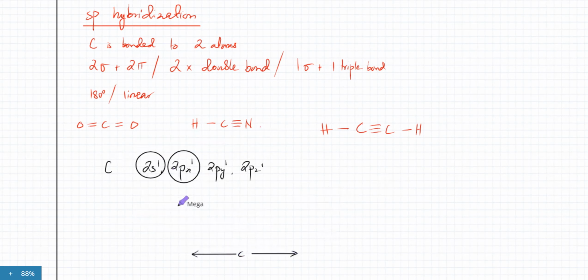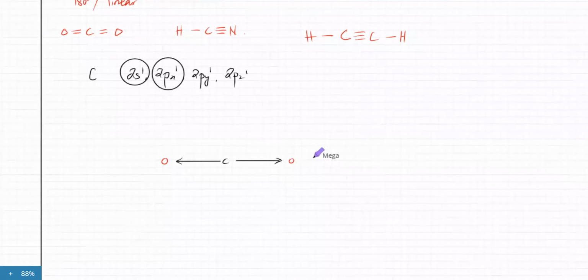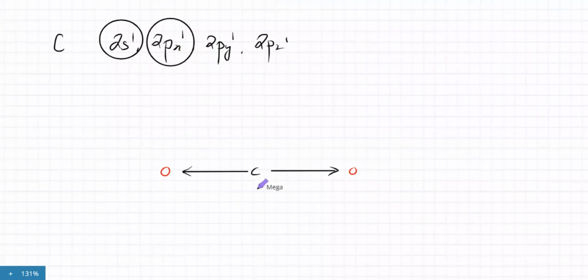So let's imagine there are oxygen atoms that are pulling those electrons. So you've got an oxygen atom, you've got another oxygen atom. Carbon has 2 orbitals that remain unchanged. One of them is 2py. So let's say this over here is the 2py electron. And at the same time, it also has a 2pz orbital as well.